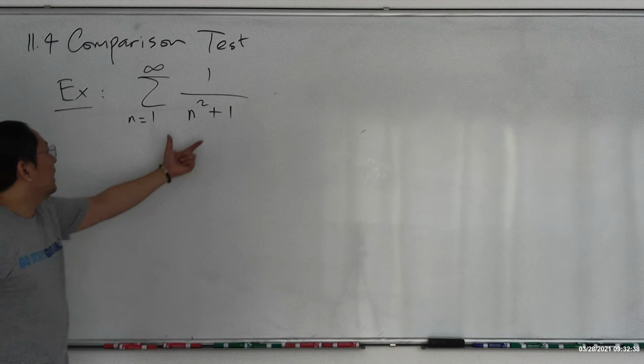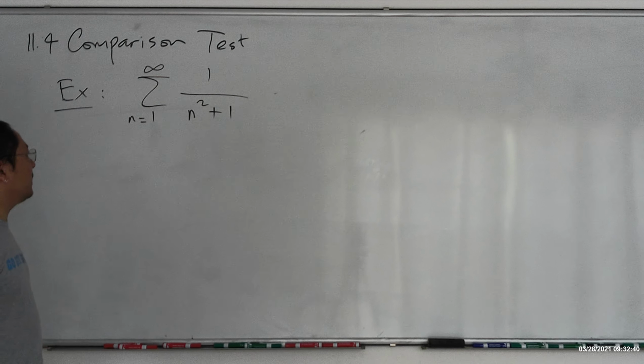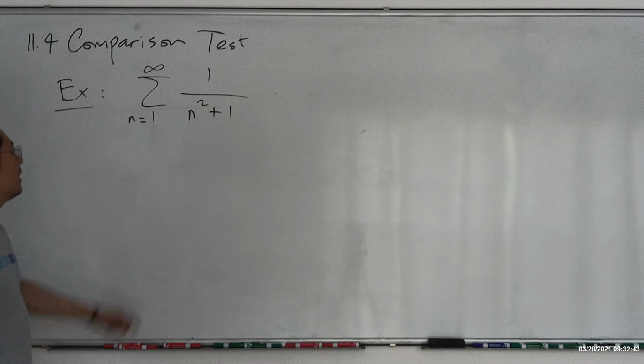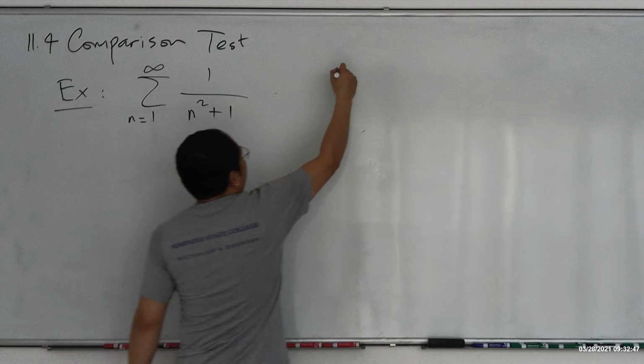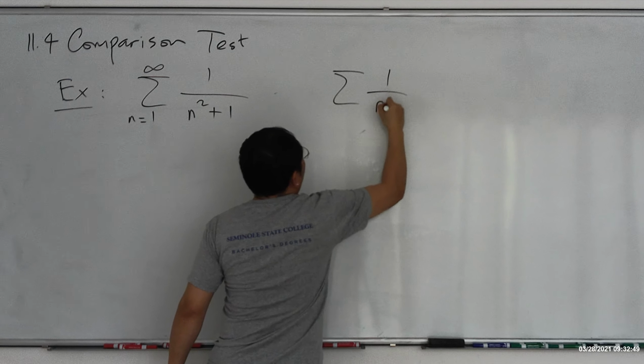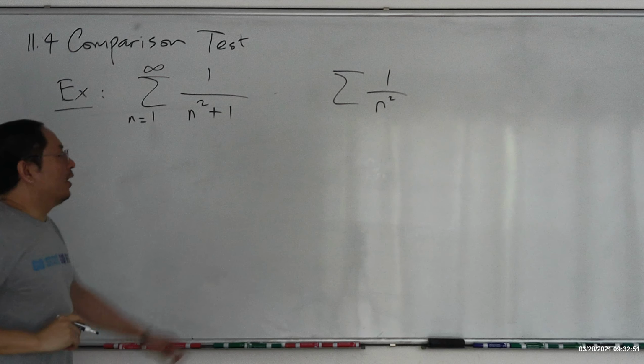I have no idea if this series is convergent or divergent, but I see it is similar to something that I learned before. I'm thinking of 1 over n squared, and I know this one is convergent.